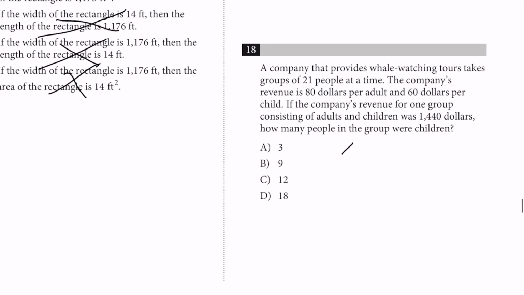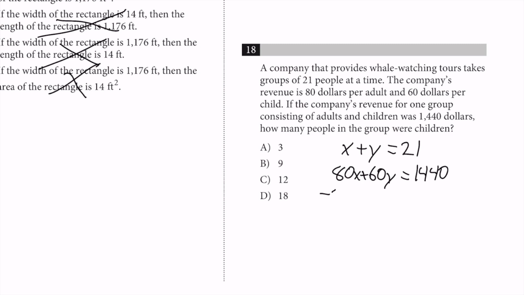So we know x plus y, where x is adults and y is children, is equal to 21. And we know 80x plus 60y is equal to 1,440. Now we're going to solve this for y because we're looking for how many people were children. So we're going to eliminate x.